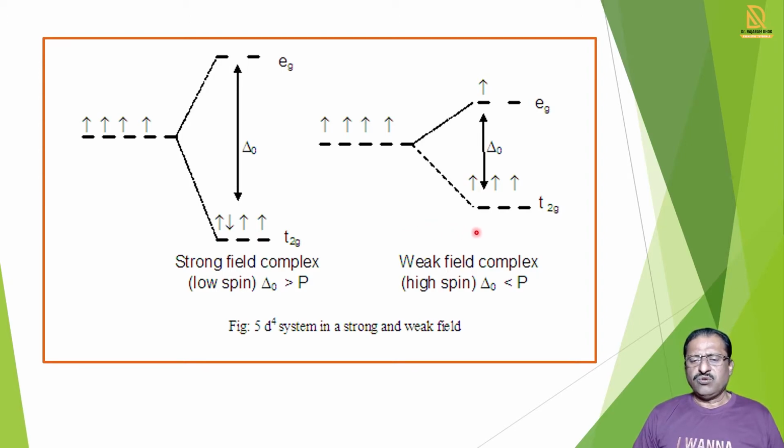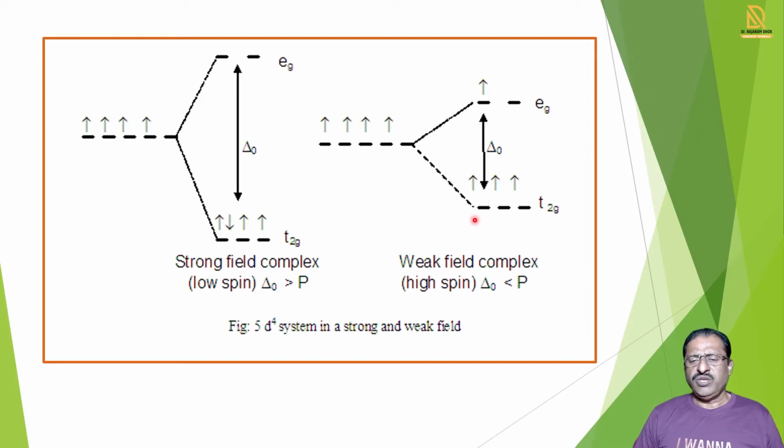Here in a weak field complex, electrons are first filled singly in T2g and Eg. Remember, in a strong field complex, first a single electron is filled in T2g, meaning 3 electrons fill T2g, and then the fourth, fifth and sixth electrons are paired, and then the seventh electron fills Eg singly.